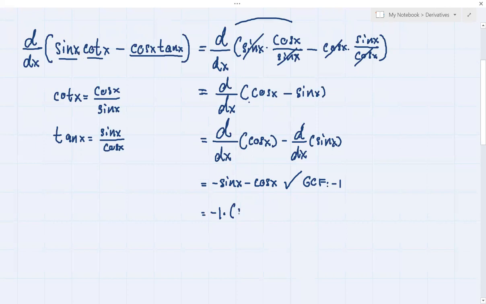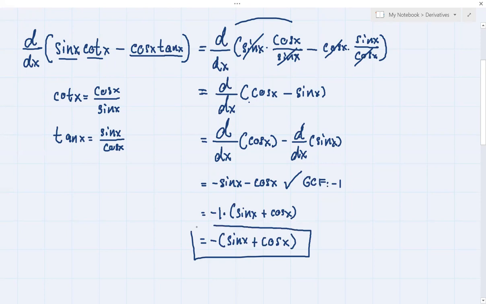So negative 1 times the quantity sin x plus cosine x. If you multiply negative 1 times the quantity sin x plus cosine x, it becomes negative quantity sin x plus cosine x. So for me, I'm going to stop right here. This is okay. That's it.